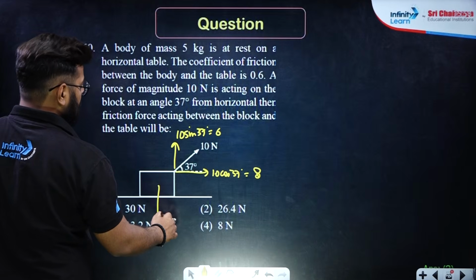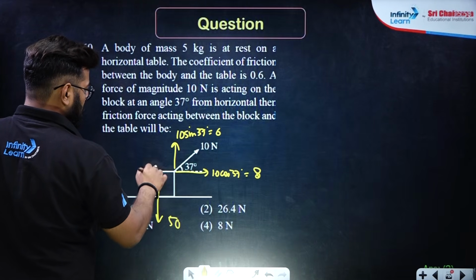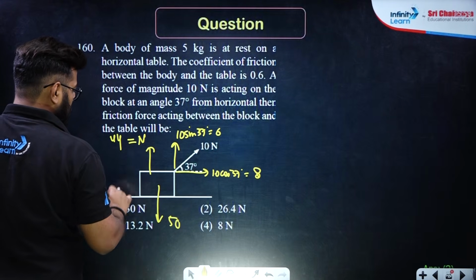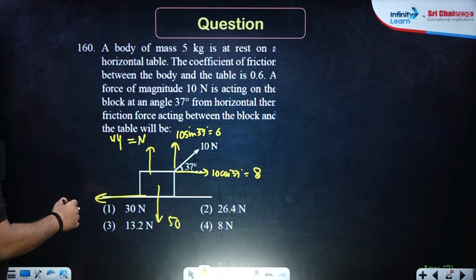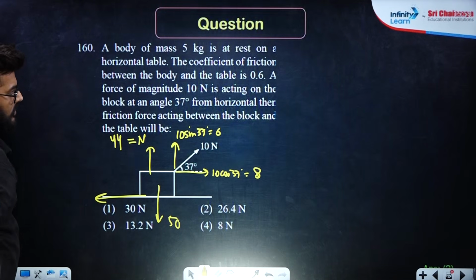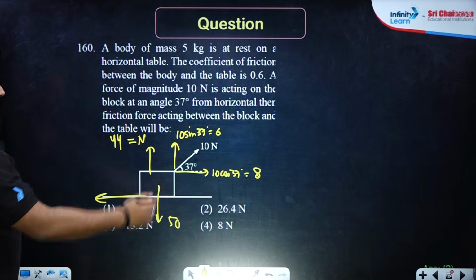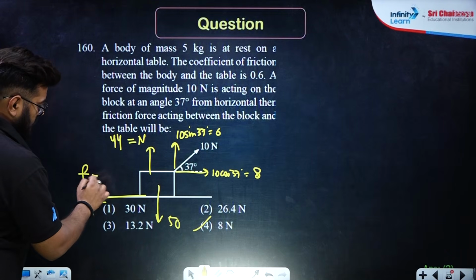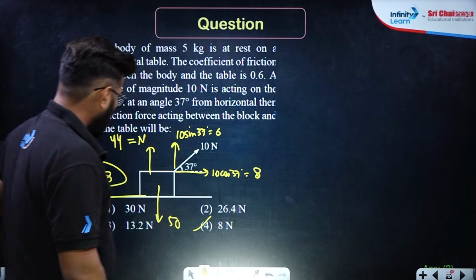Mg over here is 50. So normal will be how much? 50 minus 6, which is 44. So the limiting friction over here is turning out to be 0.6 into 44, which is well above 8. That means 8 Newton is the right answer. 8 will be the friction force. Okay. This is the requirement.